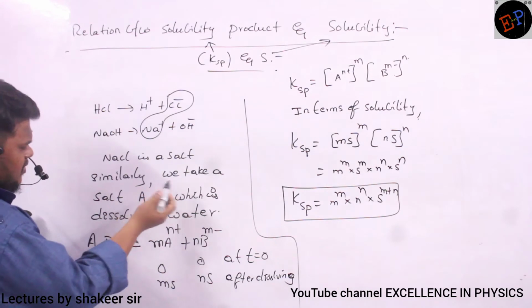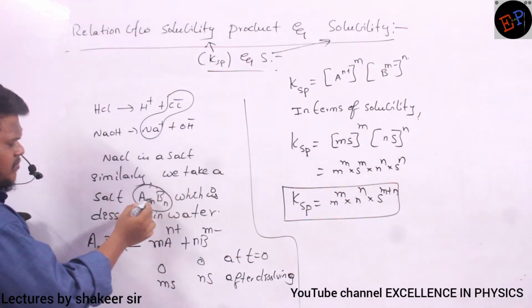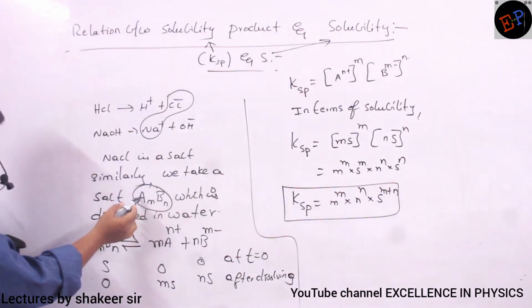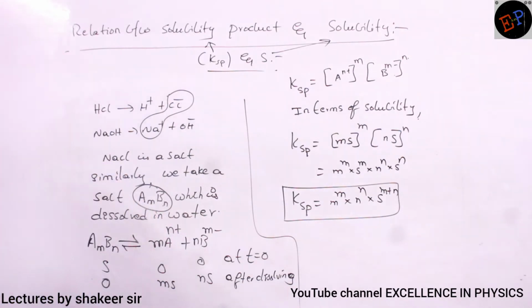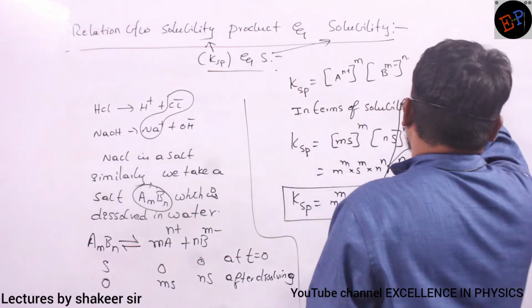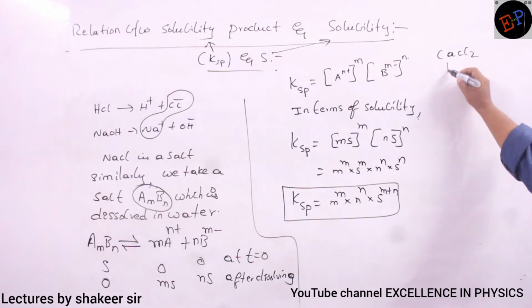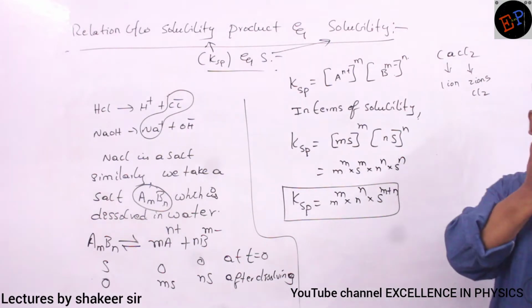For example, if I take one more salt, AmBn, it means m ions of A are present and n ions of B are present. This is the salt which I am taking. For example, if you take CaCl2, what is the meaning of this? In this salt, 1 ion of Ca is present and 2 ions of Cl are present.